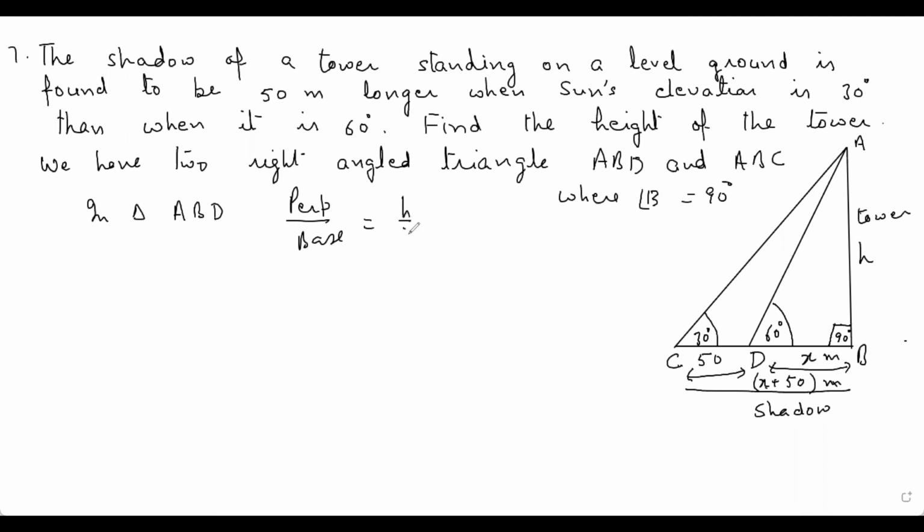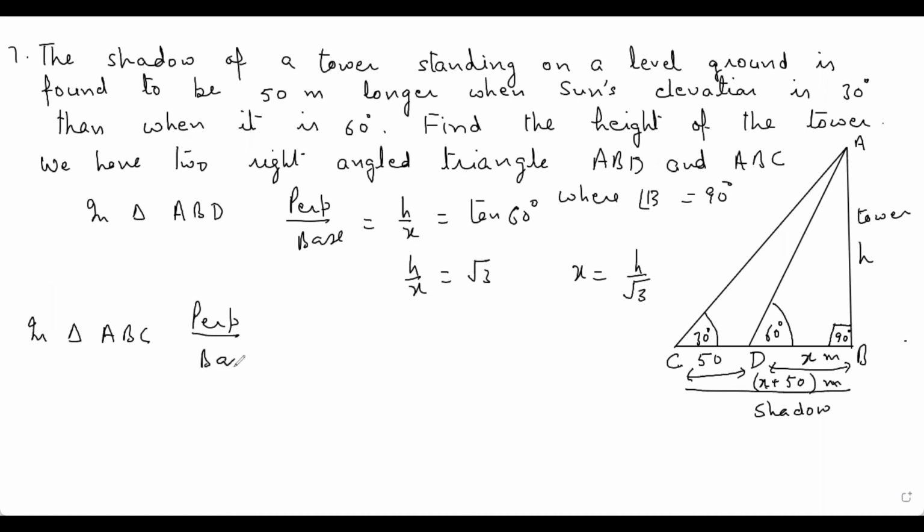means h upon x is equal to tan 60 degree. H upon x is equal to root 3. So x is equal to h by root 3. Now in triangle ABC, perpendicular upon base is equal to h upon x plus 50 is equal to tan 30 degree.